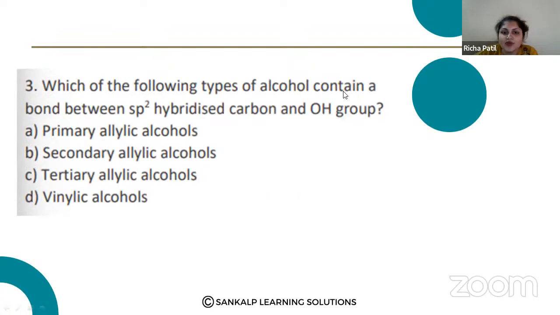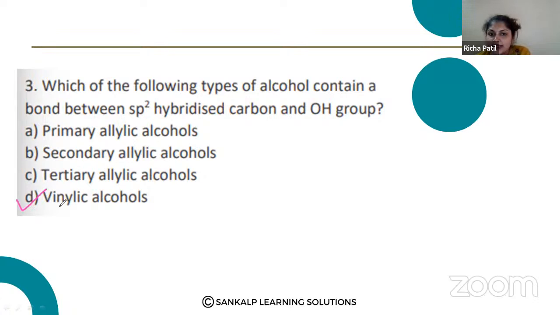Which of the following types of alcohol contain a bond between an sp2 hybridized carbon and the OH group? Yes, Ravi Kumar, it is D. D is the correct answer.